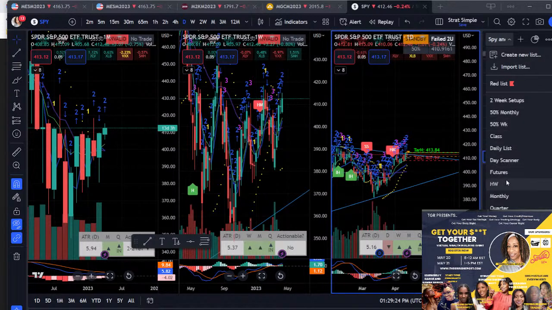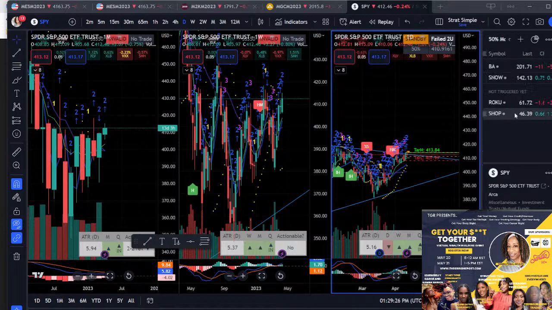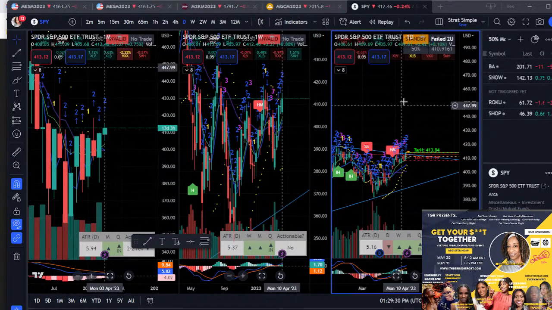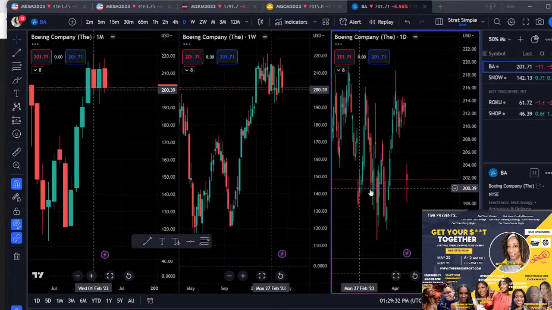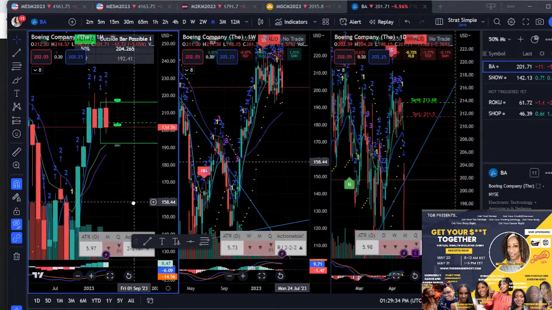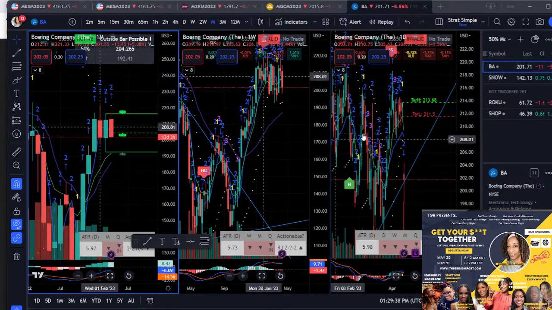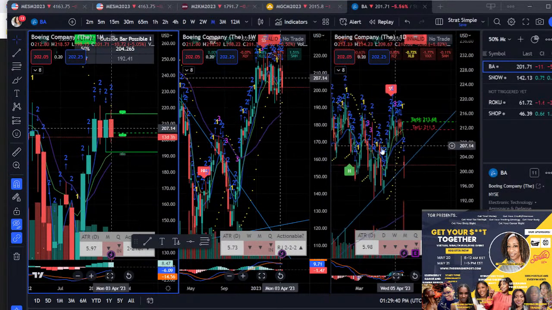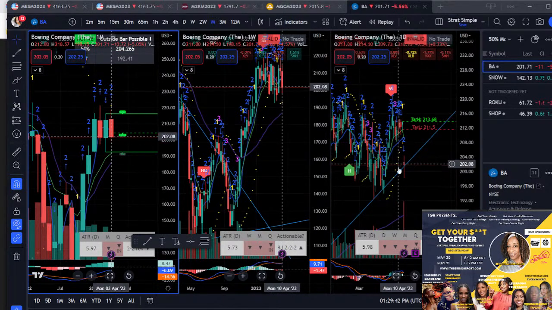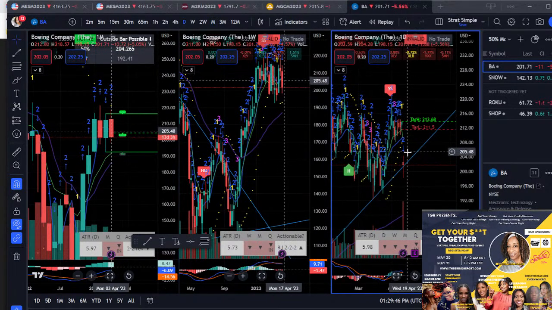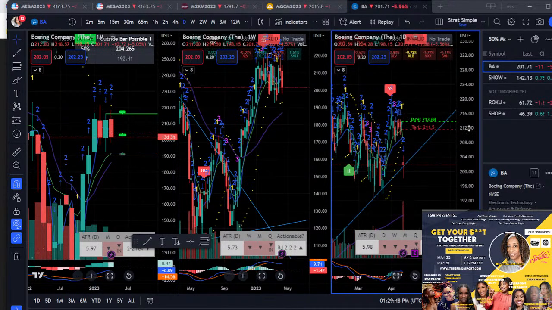So I wanted to show a couple of 50% monthly. BA has triggered. We know that BA actually has some really bad news on Friday that really sent it down, and it's got a huge gap on the day now.